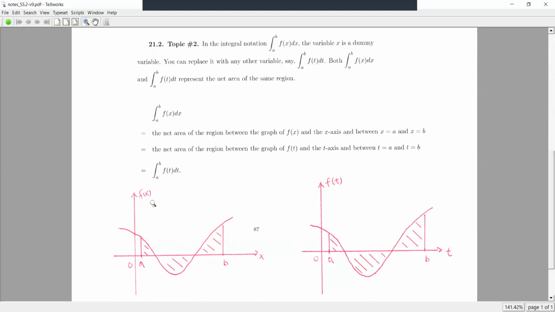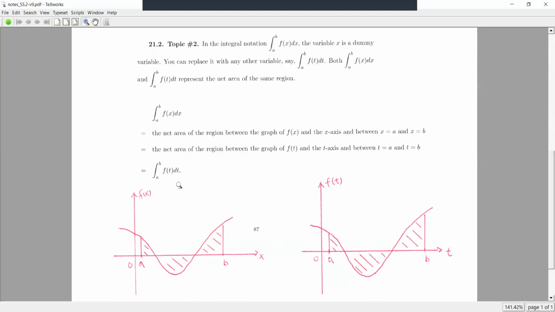But because the two functions are essentially the same function, these two shaded regions are essentially the same region. So therefore, this is the net area of this region, and this is the net area of this region. So these two regions are the same region, and these two integrals are equal.